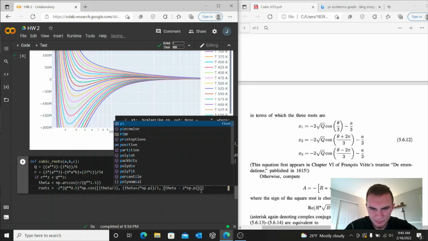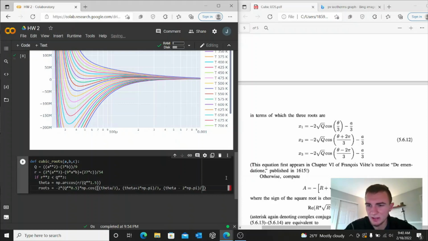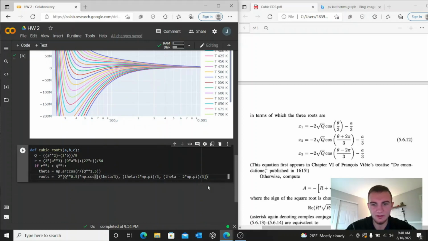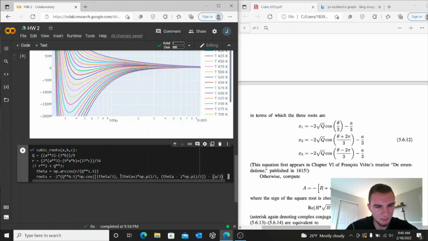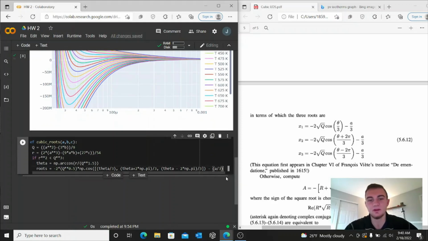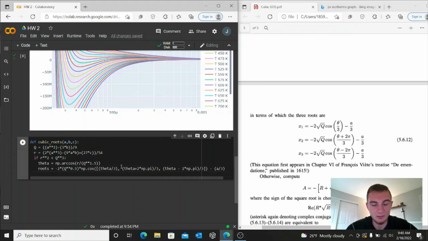Okay, good there. And we will divide by 3 here again. Okay. And lastly here, we'll have to add on the outside what all these terms are subtracted by. So we'll go ahead and subtract a divided by 3, so a divided by 3 there. Okay. So hopefully here we didn't make a mistake with our parentheses, but at the end, if we do get a syntax error from Python, we can go back and take a look at this, but I'm going to go ahead and move on from now. I'm not going to take too much time trying to analyze it.